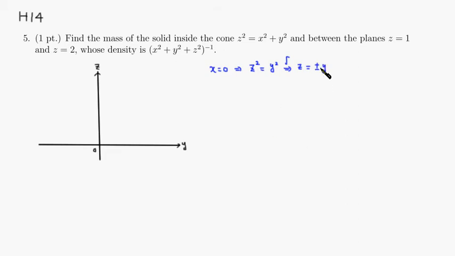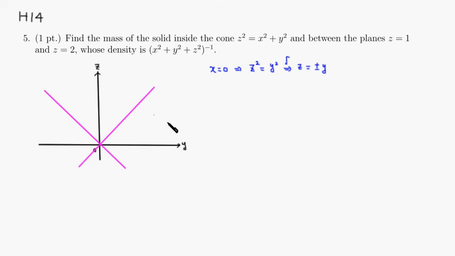So the slope is positive 1 and negative 1. If you sketch that, it's going to look kind of like this, and then you have another one like this. That's the intersection of the cone and the yz plane.